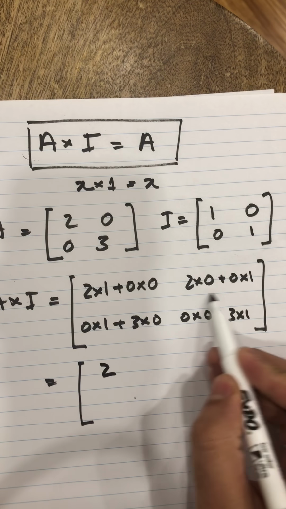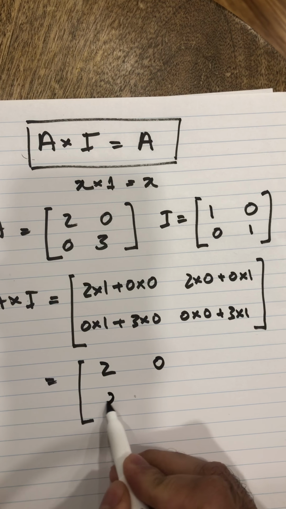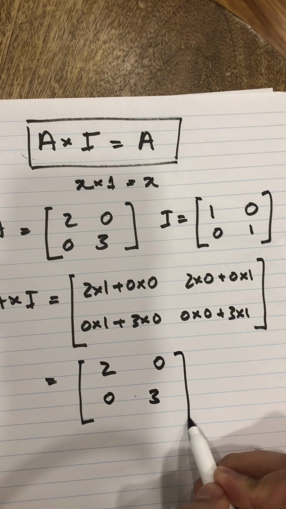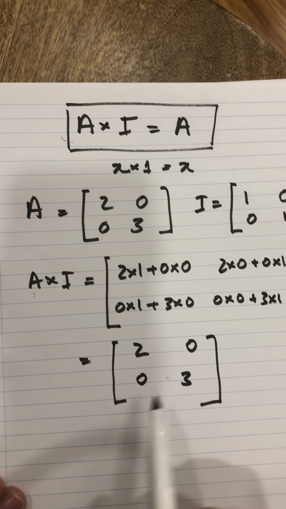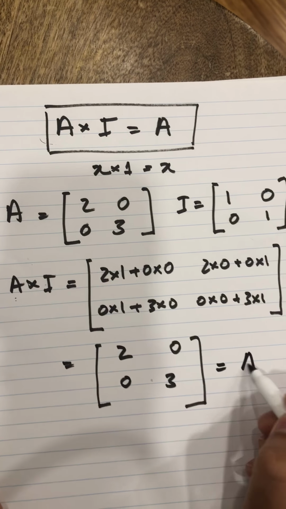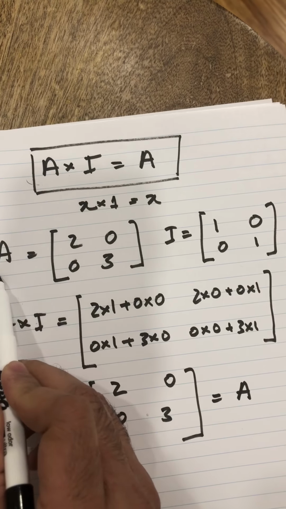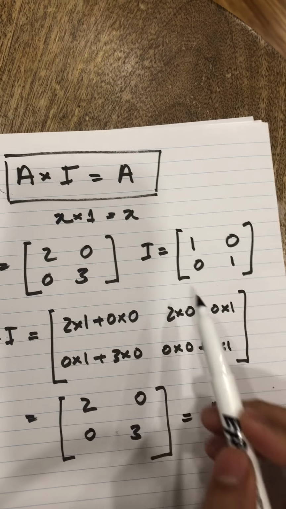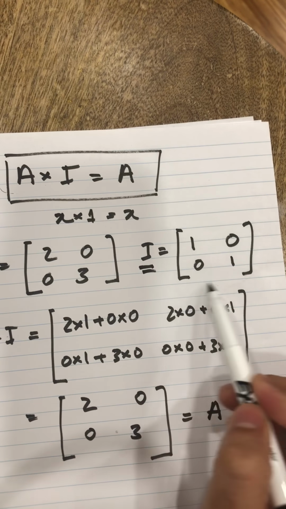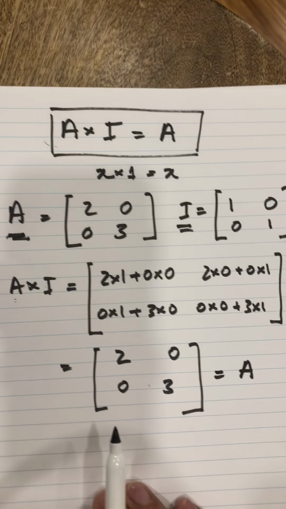This is 2, 0, 0, 3. What did I get back? Notice that I got back my original matrix. So this is an important rule: if you have any matrix A and you multiply it with the identity matrix, of the same dimension obviously, the result will be your original matrix.